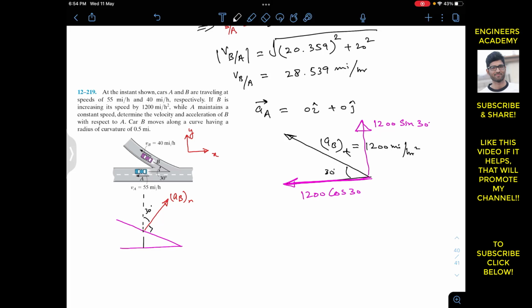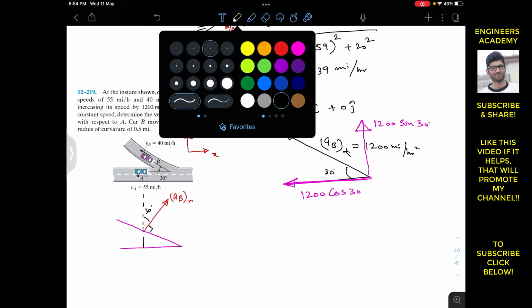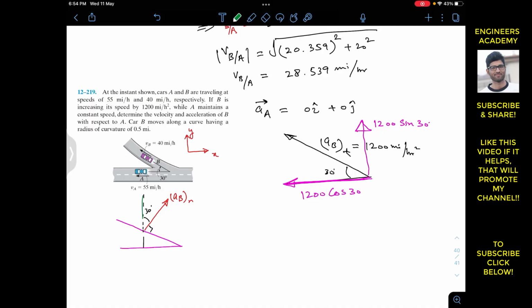Again, it will have two components. One of its components is going to act in this direction. This one will be the cos component, and this one will be the sine component. So we can write that this is ABn sine of 30, and this component is ABn cos of 30.